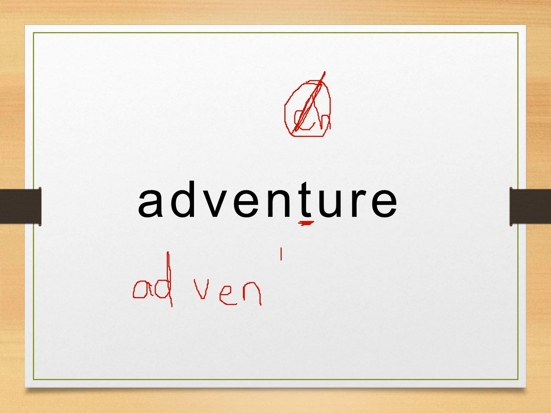So it is T-U-R, and then I'm not sure if this is no job R or job 1 R. It's not an R at all, Miss Jarman, it's an E. Oh my goodness. Anyway, that's how you spell adventure.